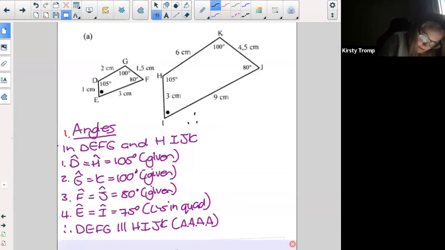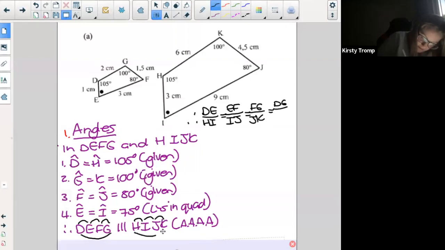DE over HI is going to be equal to EF over IJ, which is going to be equal to FG over JK, which will be equal to DG over HK. These froggies have 3 eyes.